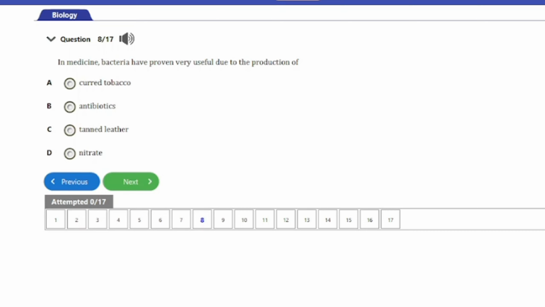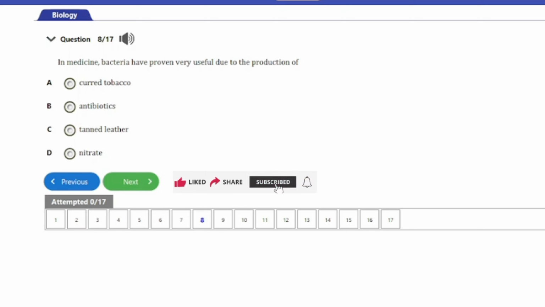So the antibiotics are actually chemicals produced from living organisms that attack other living organisms, most significantly produced by bacteria to also attack other bacteria. So that's what the antibiotics are. Most times we can get antibiotics from these bacteria, and that's its usefulness in medicine.